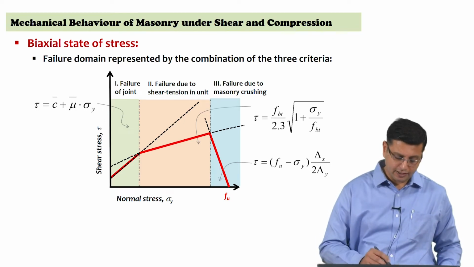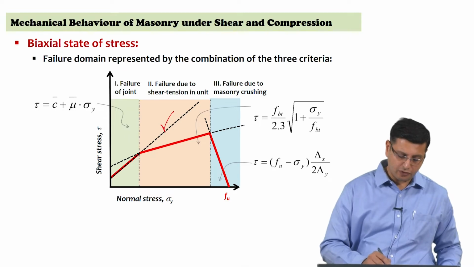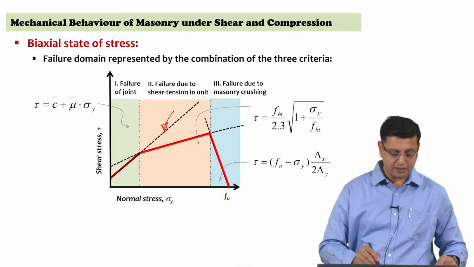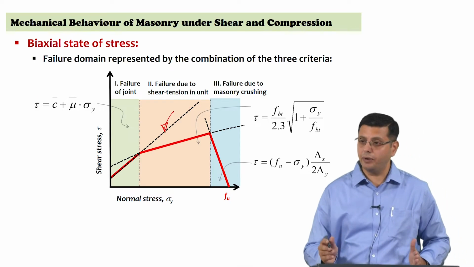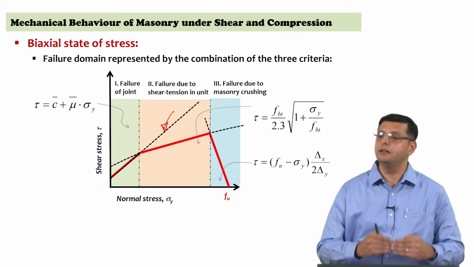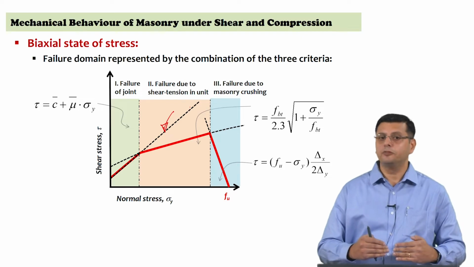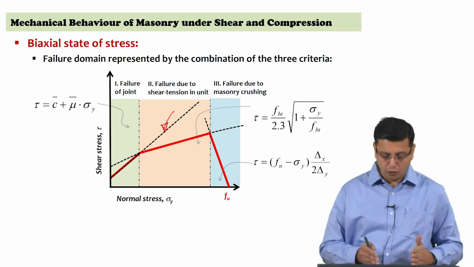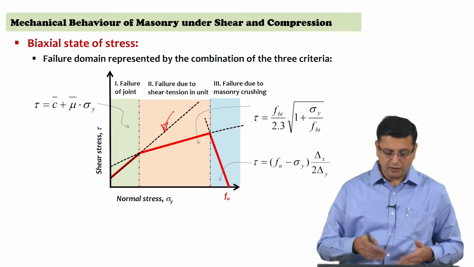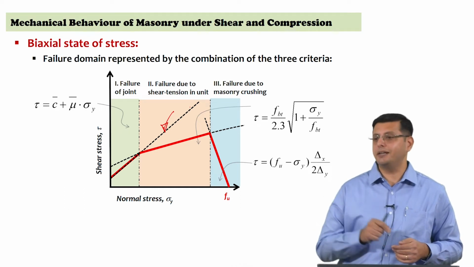What I am talking about is I am examining this line here. I have the expression for tau as a function of sigma y. Now, beyond a certain range of sigma y, the second expression, failure due to shear tension, becomes the more critical one. That is, the lower of the three values would be, for the intermediate ranges of axial compression, the criterion governed by shear tension failure.